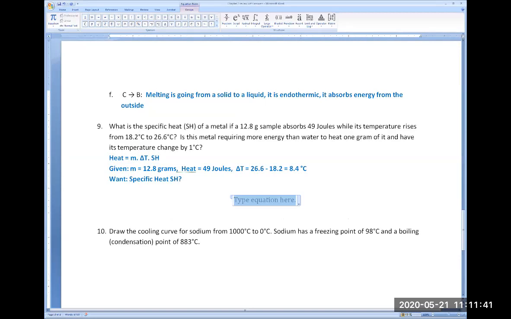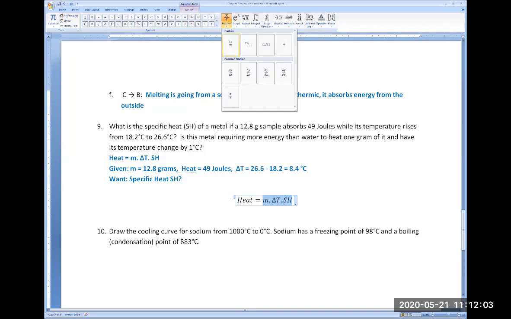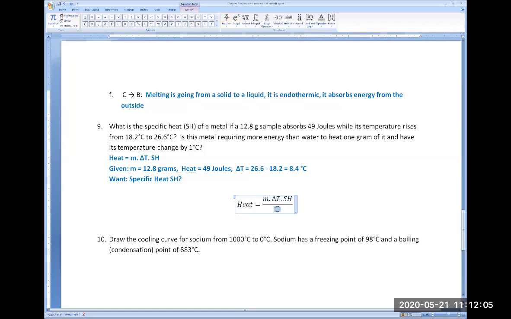If you have heat equals M delta T SH, to get SH by itself here, I hope you see that you need to divide both sides by M delta T, right?